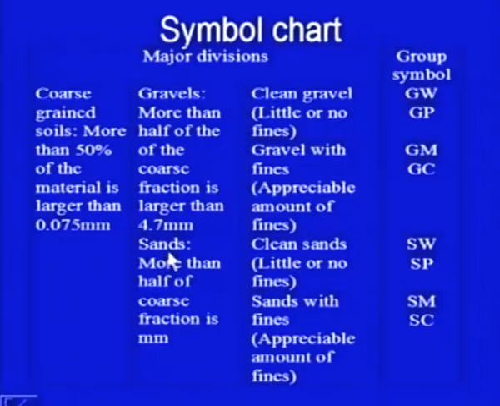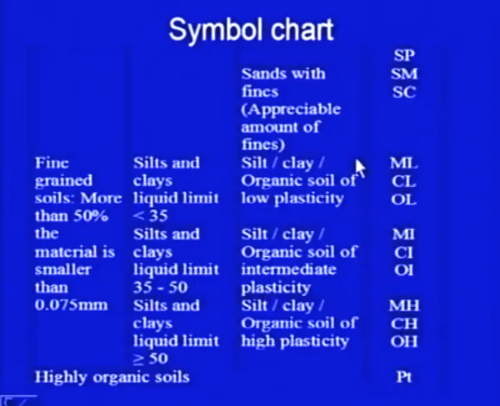In the same way, sands: well graded sand, poorly graded sand, sand with non-plastic fines, sand with plastic fines, and so on. This is the second part of the same table.